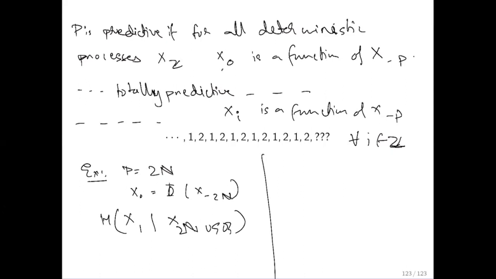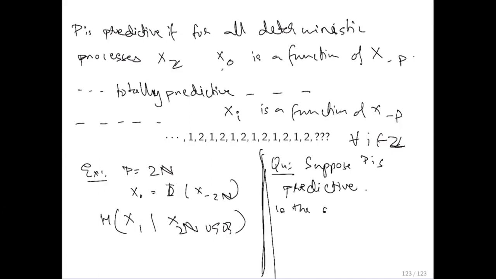But you actually are heading towards a very, very interesting question, which we also don't know the answer to. So here's the question. Suppose P is predictive. Can you say anything about the shifts of P which are still predictive?